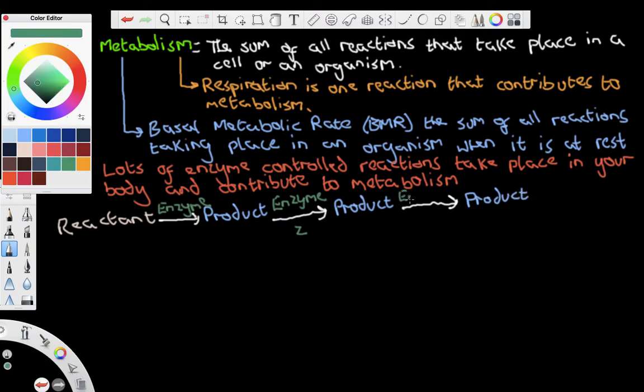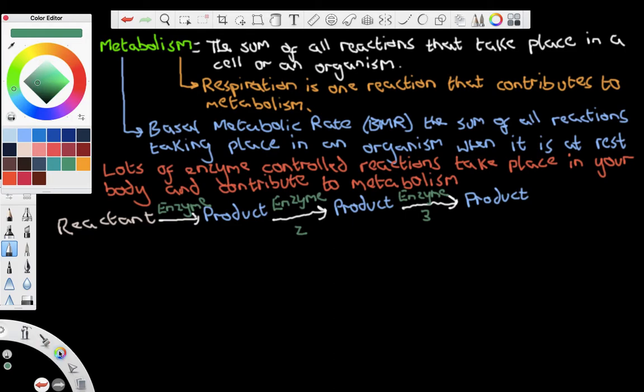Okay? Now, these reactions can be controlled by controlling the enzymes. So by giving enzymes their optimum conditions, we can speed up a reaction, or by not giving them their optimum conditions, we can slow down their reaction.